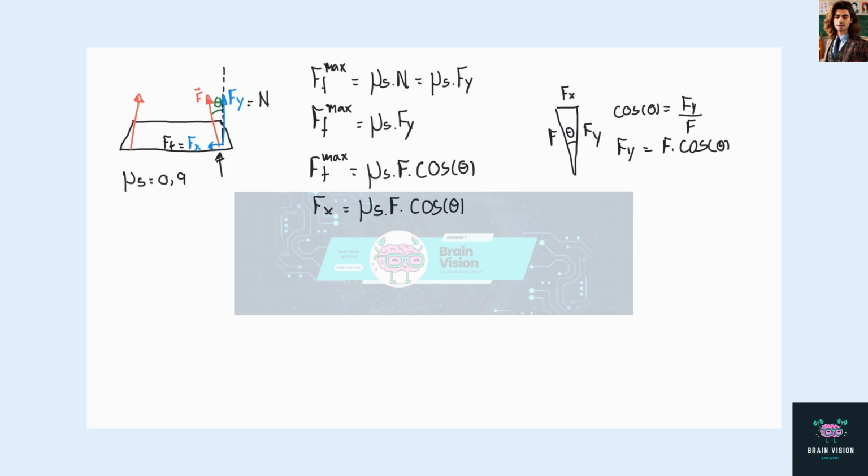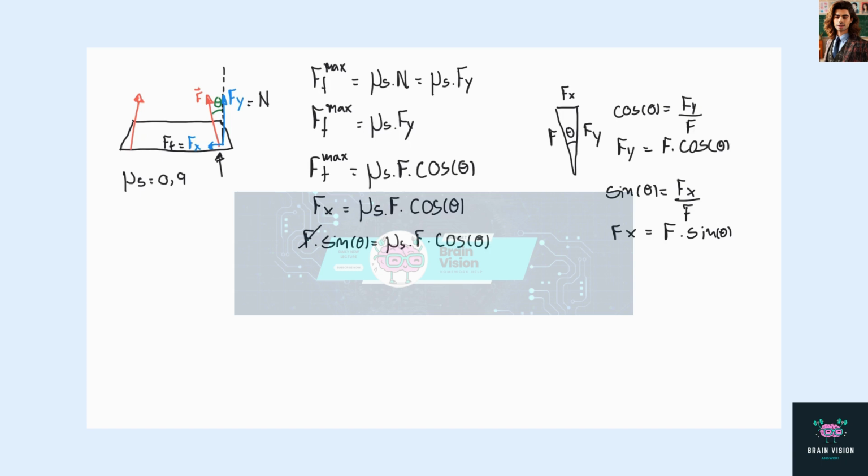We can use the sine for that. So the sine of theta is equal to the opposite side of the triangle, F component X, divided by F. Then F component X is equal to F times the sine of theta. Then F times the sine of theta is equal to mu S times F times the cosine of theta.